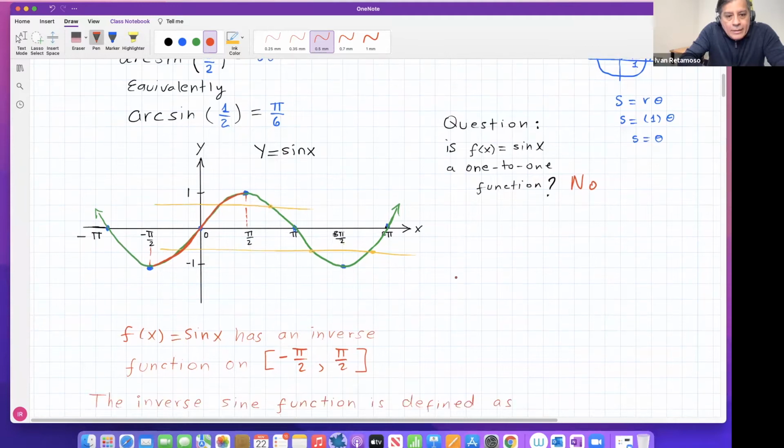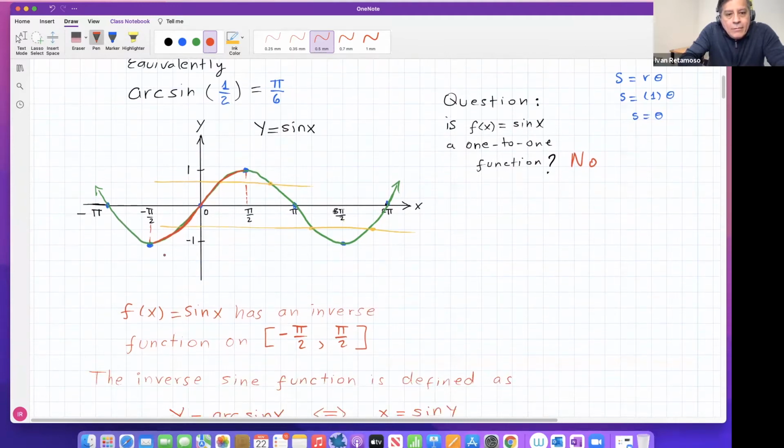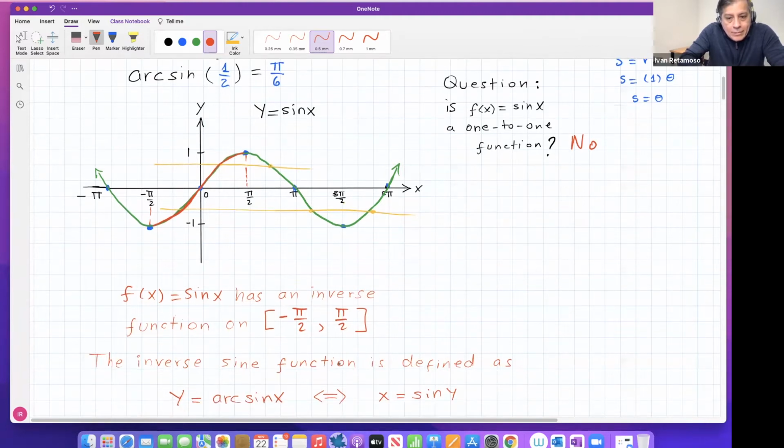So over this interval, we can define formally our inverse function. We can say that the inverse sine function is defined as y equals arc sine of x if and only if x is equal to sine of y. It's just this statement in reverse.